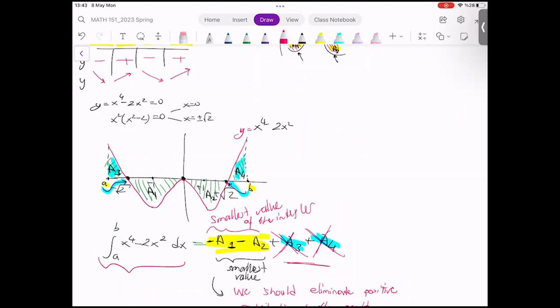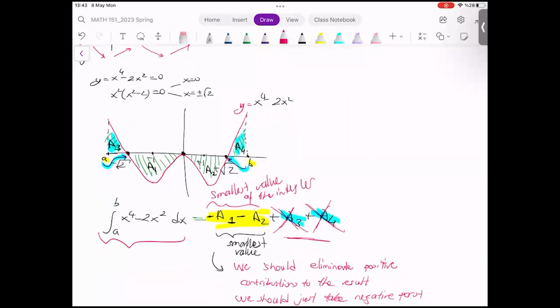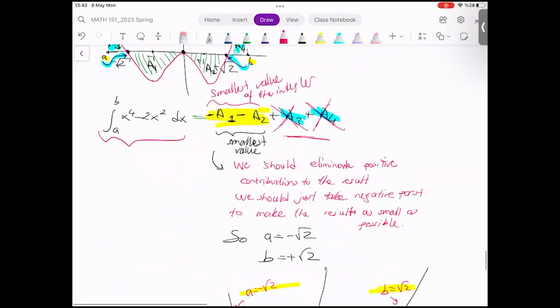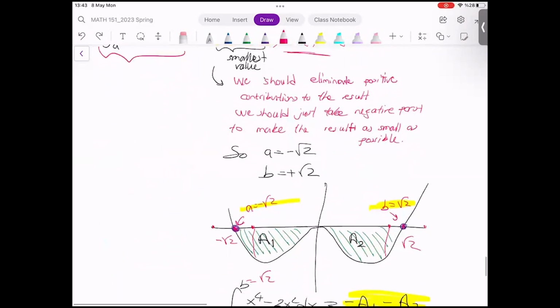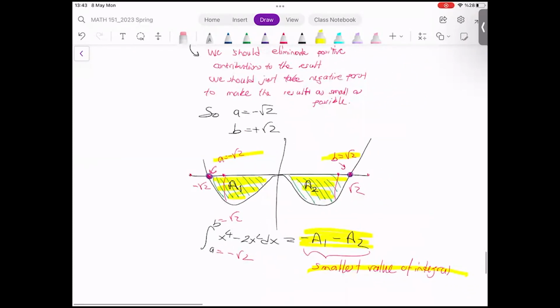To get rid of all positive additions, you need to choose A and B such that you just take the negative part. That's why A should be chosen as minus square root 2 and B should be chosen as plus square root 2. Only then you just cover this whole negative part so that your result becomes smallest, minimum, okay? So that's it.